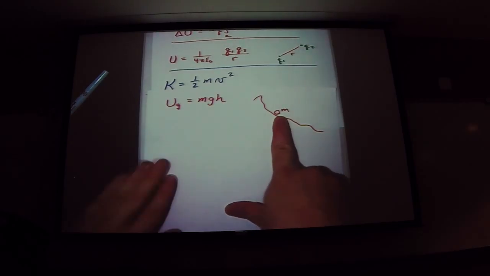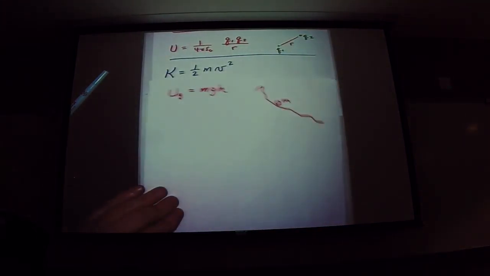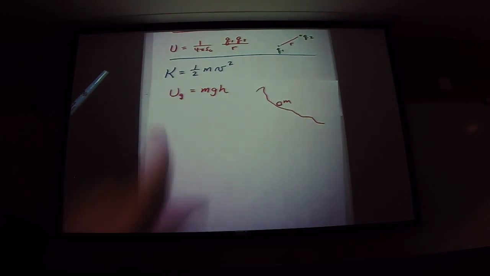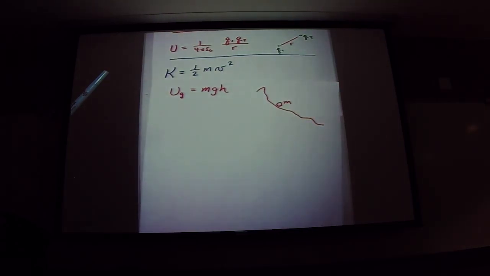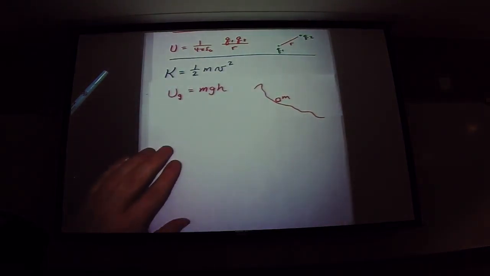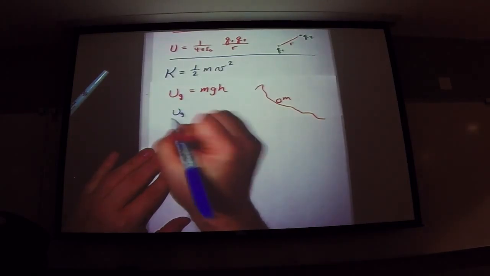So even though you didn't do it for the gravitational, we could have said, what if I wanted something to describe the energy in terms of just the mountain itself? I want to cancel out the mass that I'm putting there. So I would define a quantity that took this and divided it by the mass.